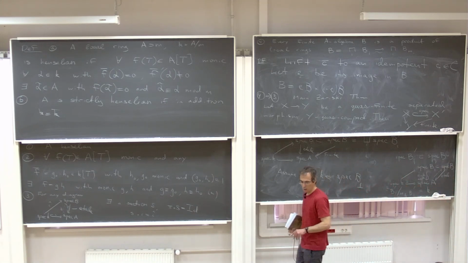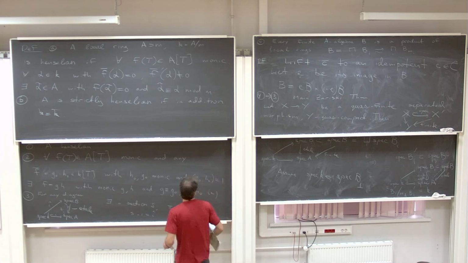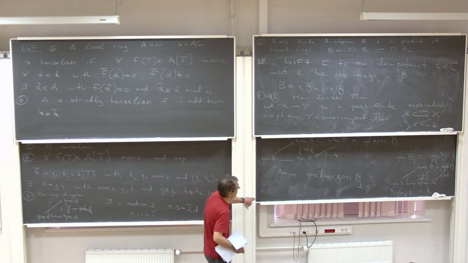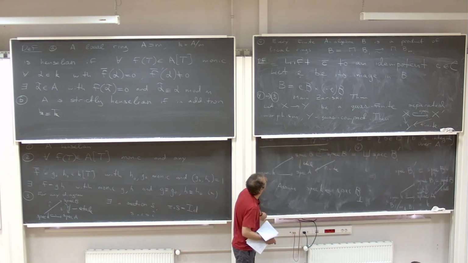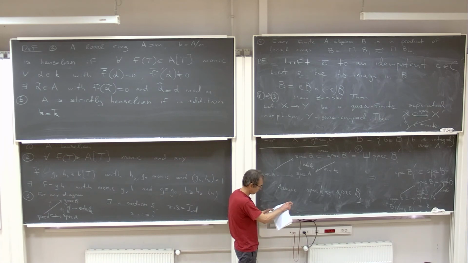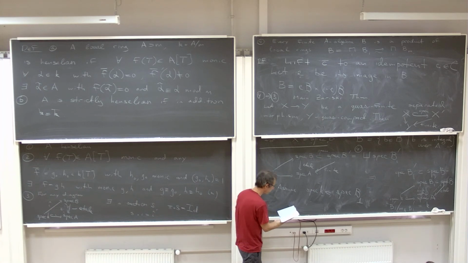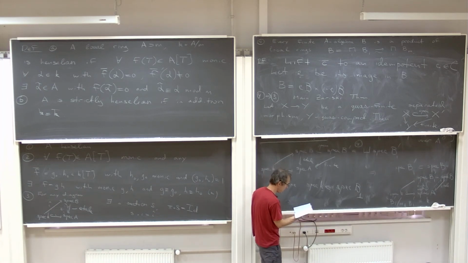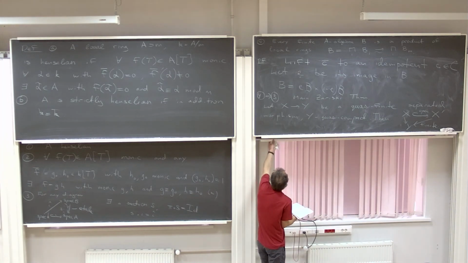So now let's see what else we have to show. I have to show that 4 implies 2.